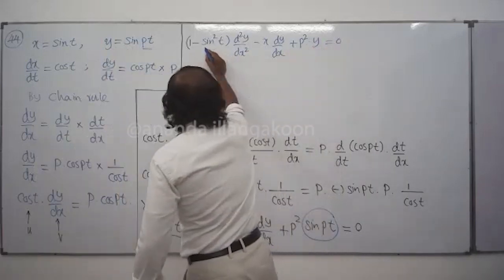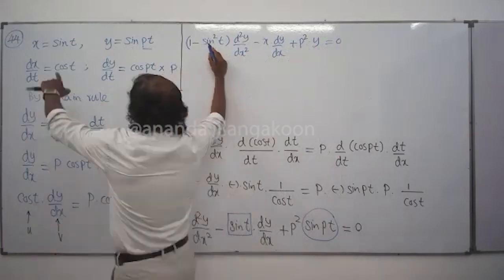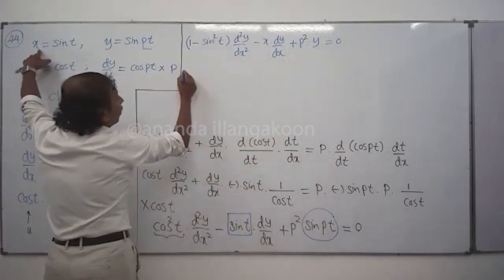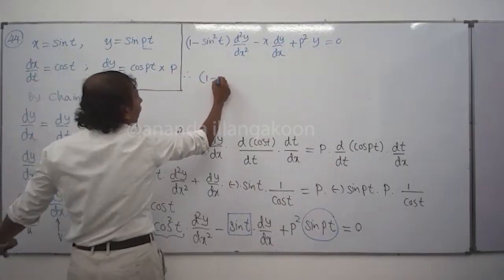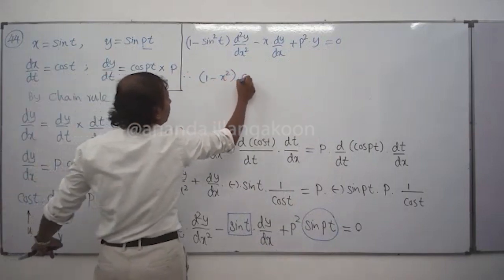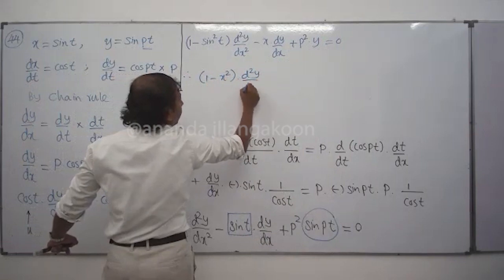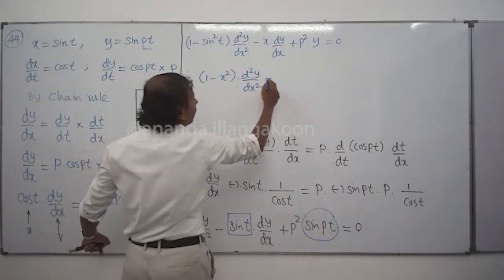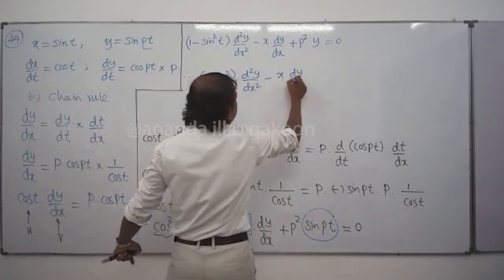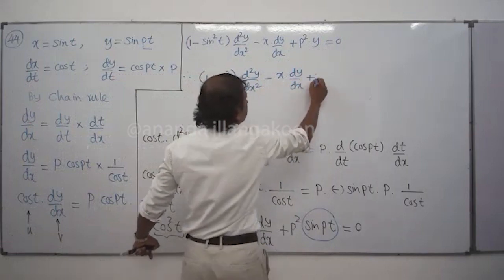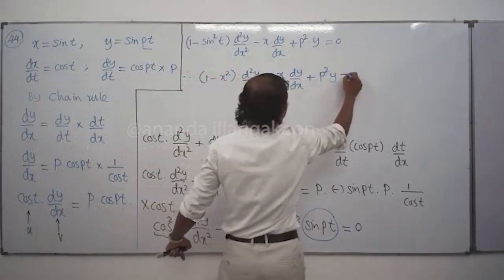This sine t also, people, is x, and this is x squared. Therefore, we get the final answer: 1 minus x squared times d2y over dx2 minus x times dy by dx plus p squared y is equal to 0.